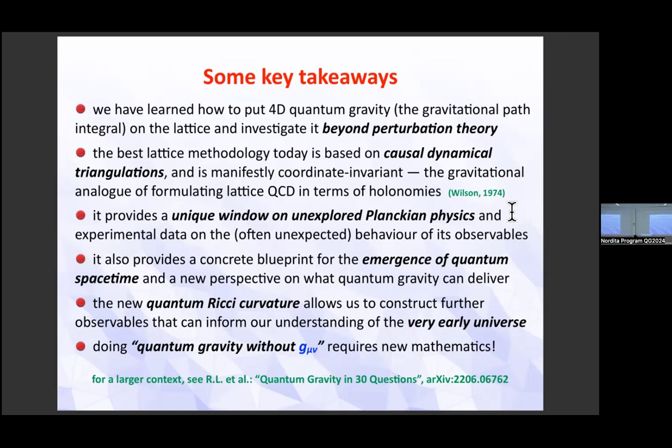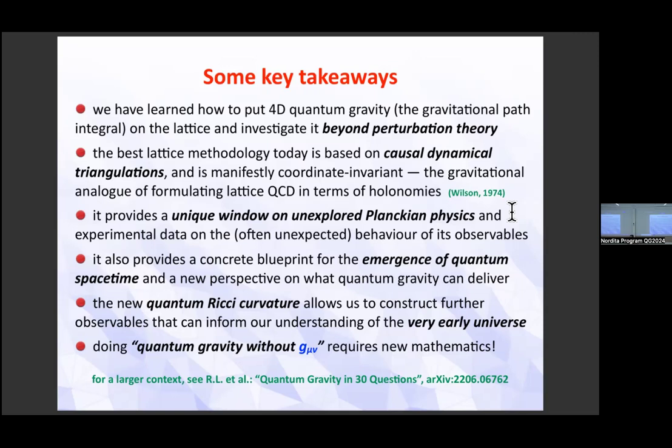And the way to think of it is really a gravitational analog of how we formulate lattice QCD in terms of holonomies. So that's Wilson's formulation, and the beautiful feature of that is that you work with these link holonomies, and you contract them in such a way that you have an exact version of the gauge symmetry that you had in the continuum.